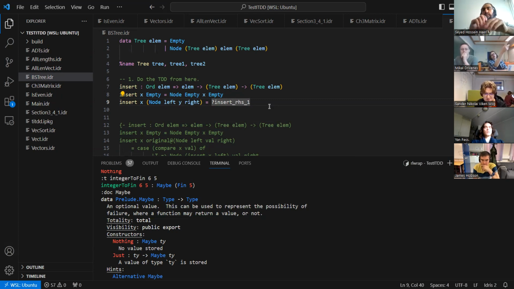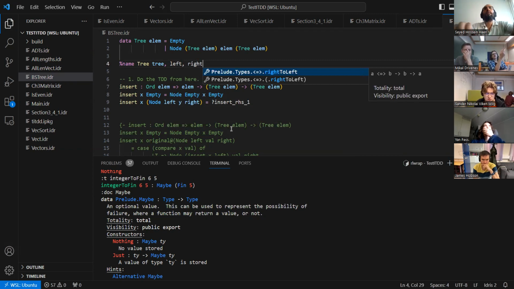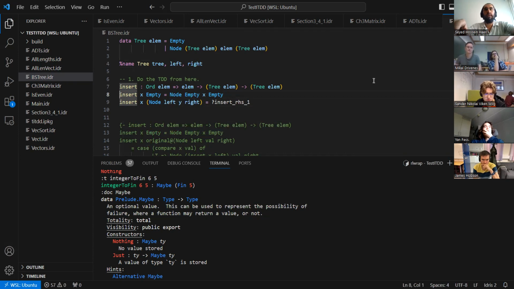No, but like with percentage name. Is there a way to do that just on the node? Ah, I see. Yeah, we can do that as well if you'd like. So you're asking about this? Right. Let us try that. I haven't tried it. I think we'll get node but tree, and left. You can't do that just on the node type.